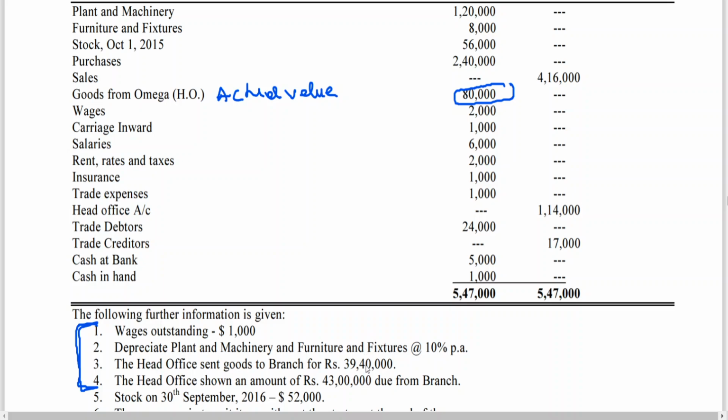It is 39,40,000. Last class I gave you this; you can check point number 7, where it has been mentioned. Goods from head office or goods to head office are at the actual value recorded in head office books, that is 39,40,000. So conversion is not required.